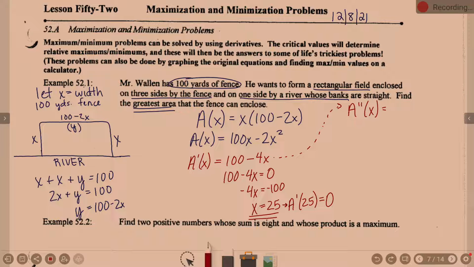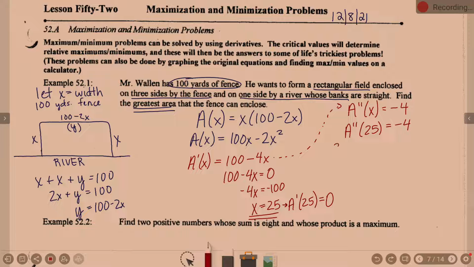What is the second derivative? Second derivative is negative 4. So what is the second derivative when I plug in 25? It's still negative 4. In other words, the second derivative is always negative 4.